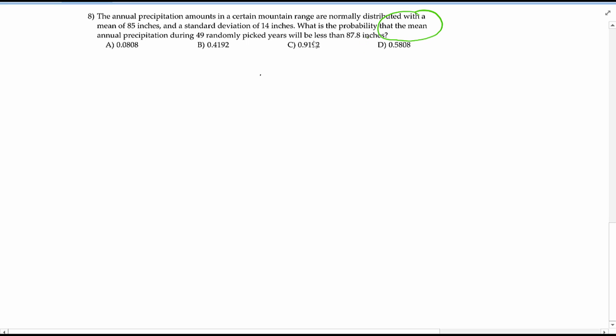Okay, so very similar to the problem that we did, but what is important here is that the probability that we are going to have to find is the probability of a sample, and we want that probability to be less than 87.8. So what are the chances that if we take a sample of 49 random days, the sample mean is less than 87.8?